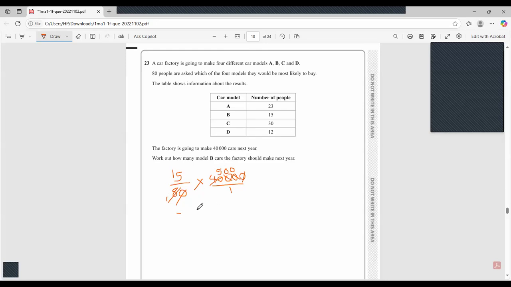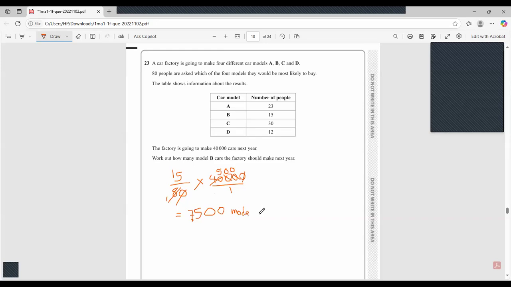Just multiply 5 by 15, and 5 by 15 is 5 times 5, 25. 5 carry 2. 5 times 1, 5 plus 2 is what? 7. Okay? Don't forget the 2 zeros behind the 500. So we're going to have 7,500 Model B cars.